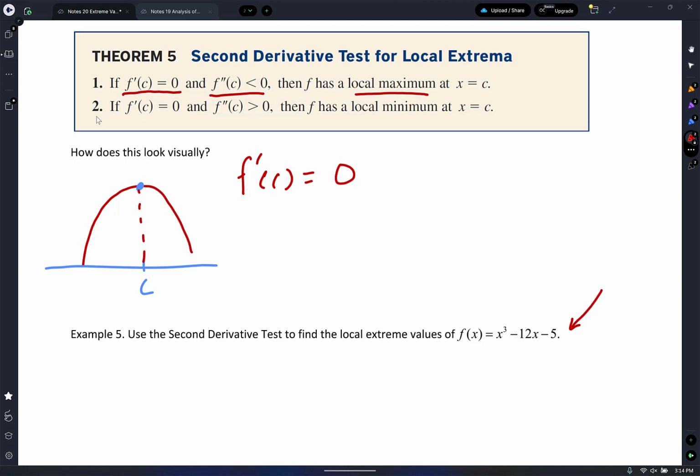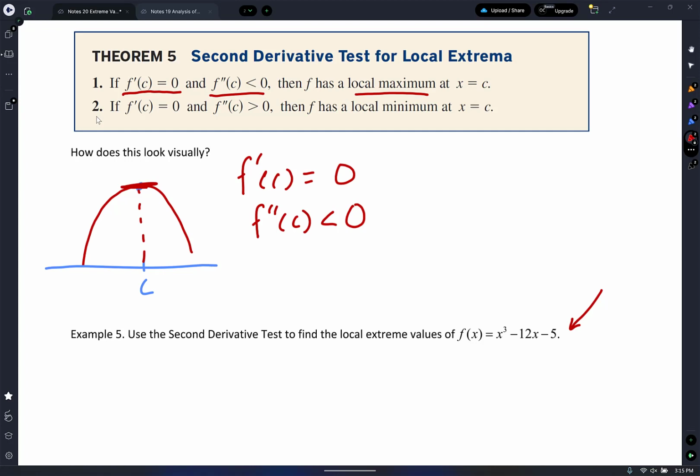Do you guys see that? I have a horizontal tangent right there. What's the concavity at C? It's concave down.